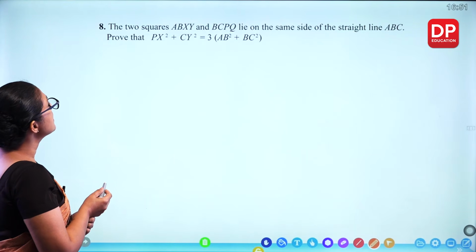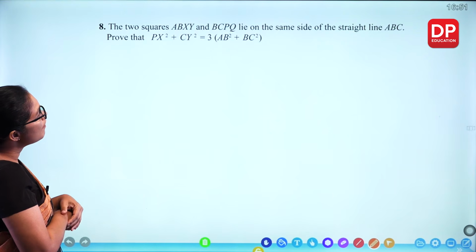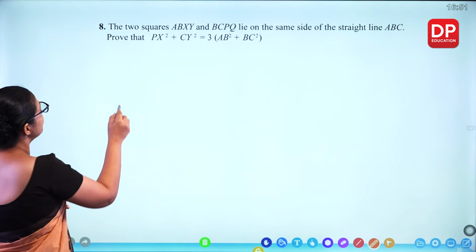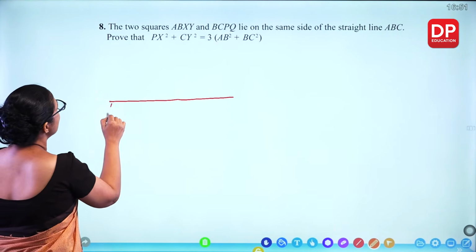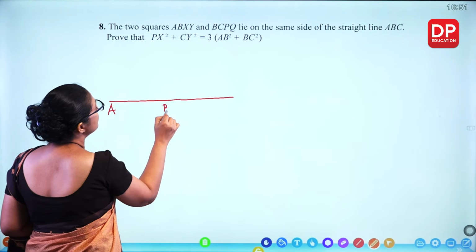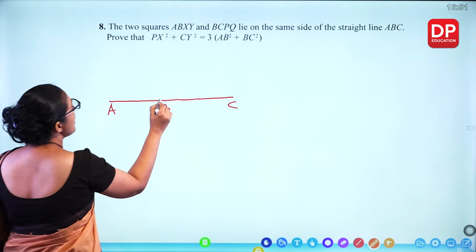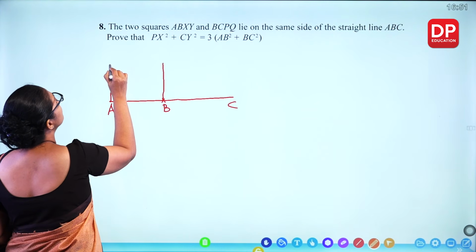Question number 8. The two squares ABXY and BCPQ lie on the same side of the straight line ABC. ABC is just one line. ABXY is a square.